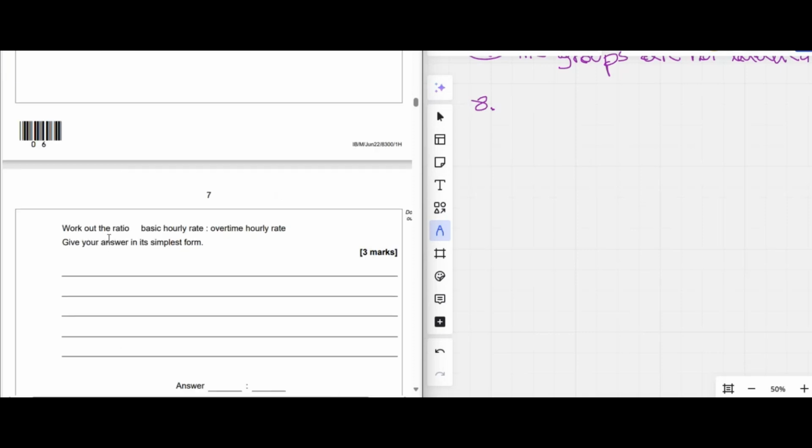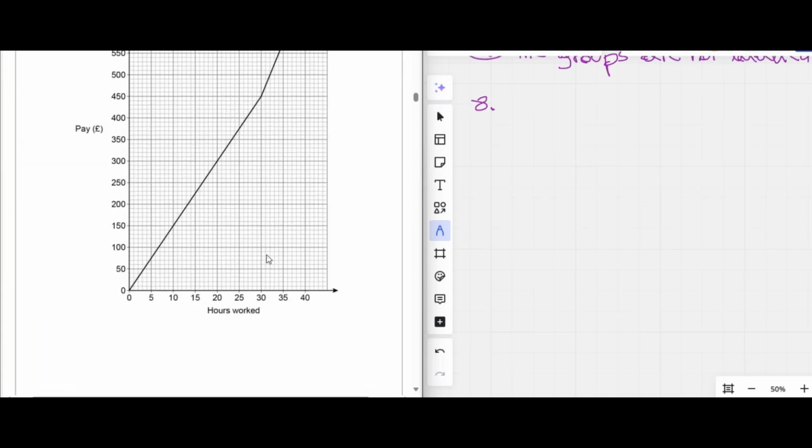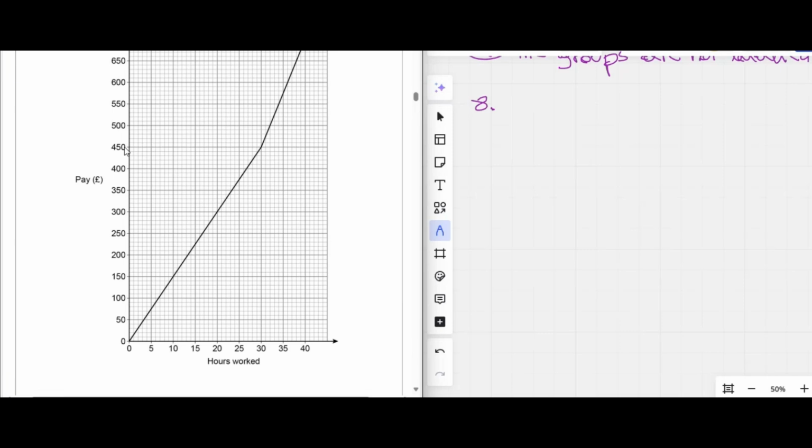Work out the ratio, basic hourly rate to overtime hourly rate. Okay, so basic pay. We can take from this point. So for the first 30 hours, he earned £450.